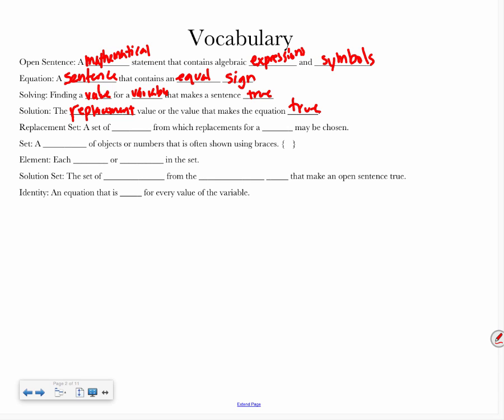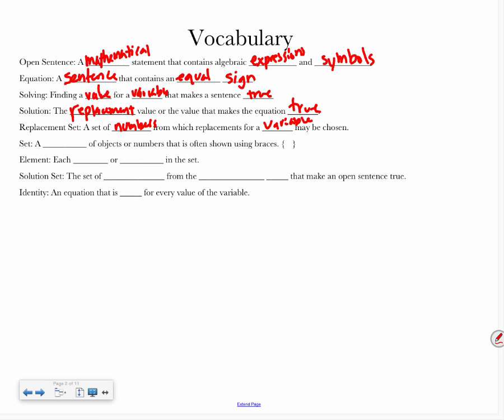A replacement set is a set of numbers from which replacements for a variable may be chosen. Sometimes you're going to have more than one number that will make the sentence or the equation true.